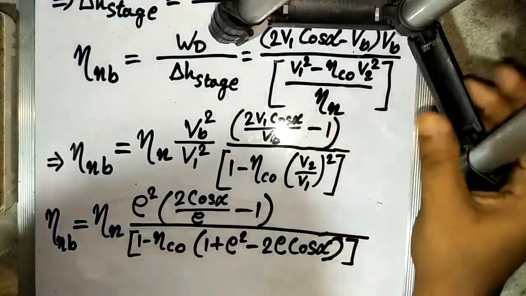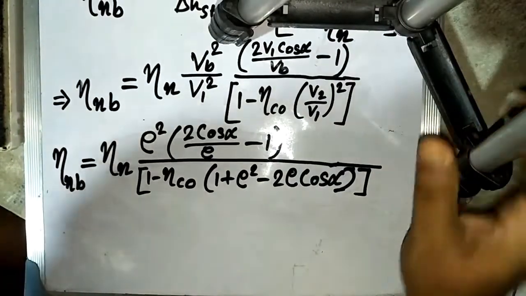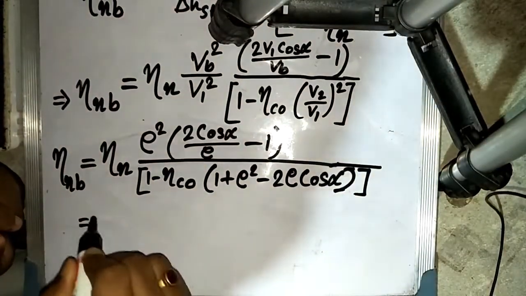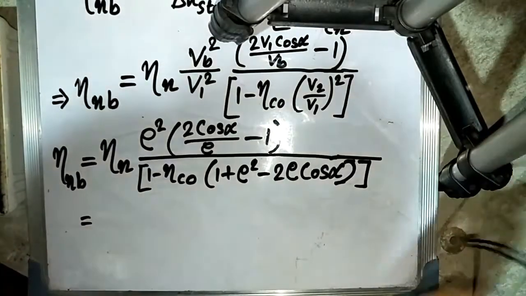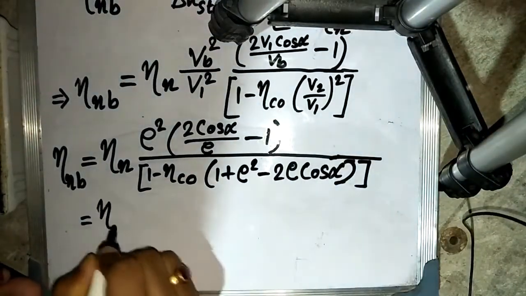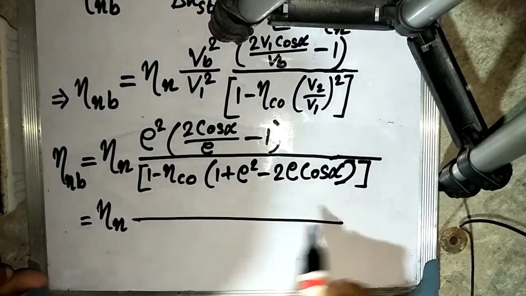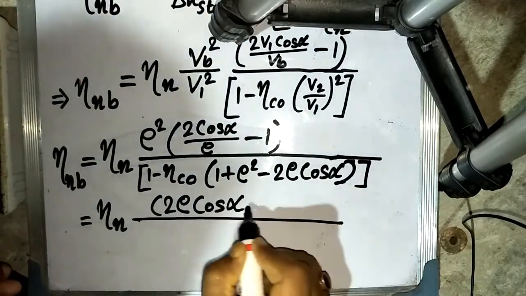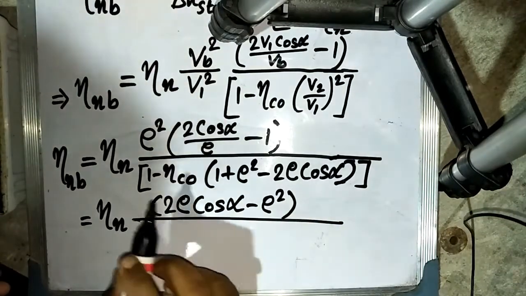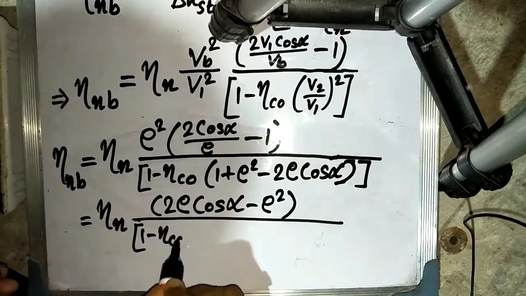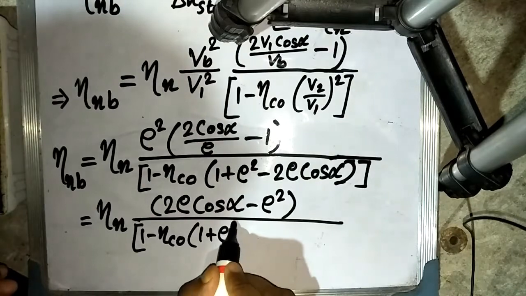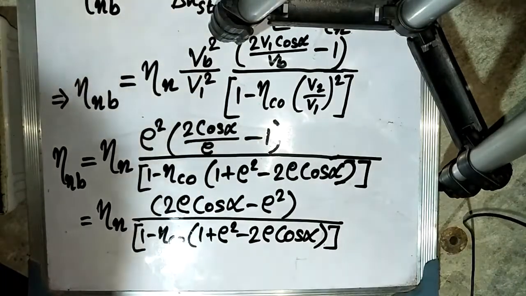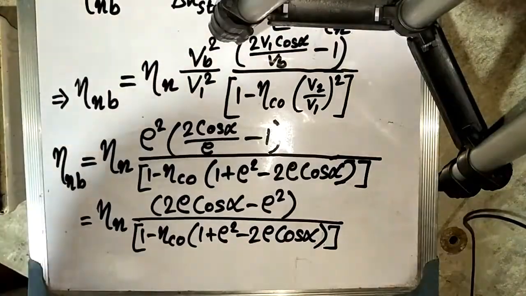Again, by simplifying this eta NB expression, we get eta NB equals eta n into 2 rho cos alpha minus rho square by 1 minus eta co into 1 plus rho square minus 2 rho cos alpha. So this is the expression of eta NB.